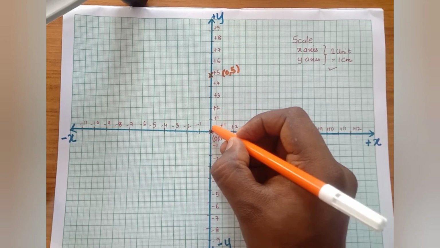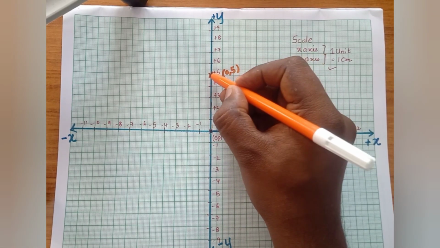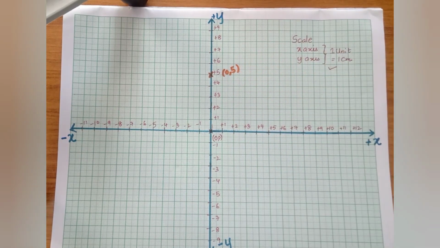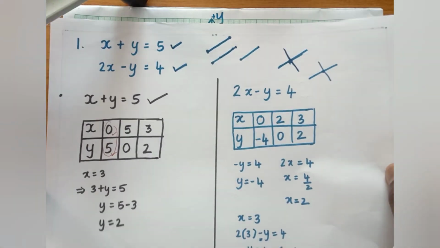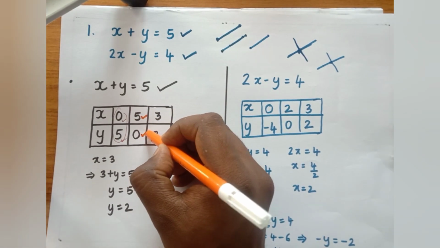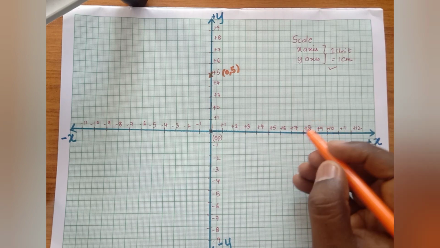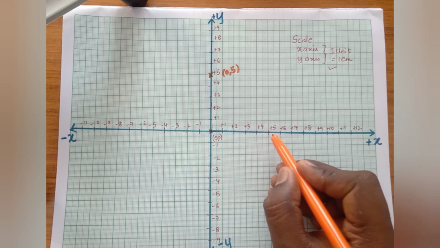When x is 0, the same horizontal line we should check for 5. That is, this point represents 0, 5. Now, when x equals 5, y equals 0. On the x-axis we should check for plus 5.